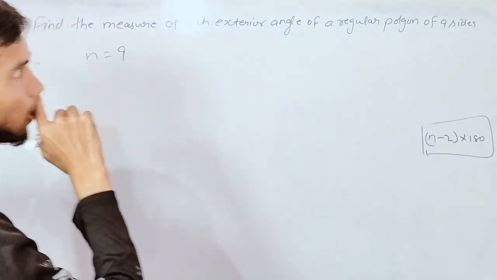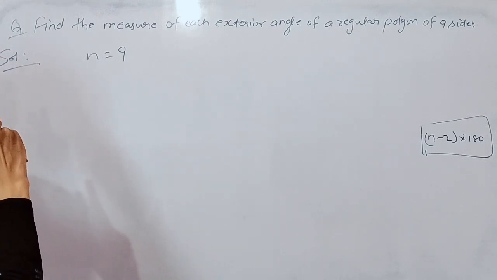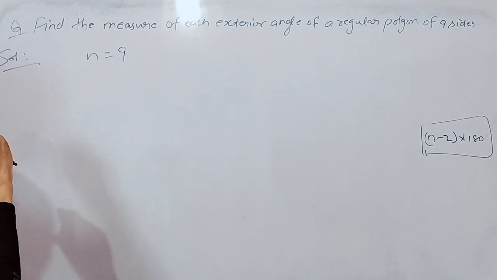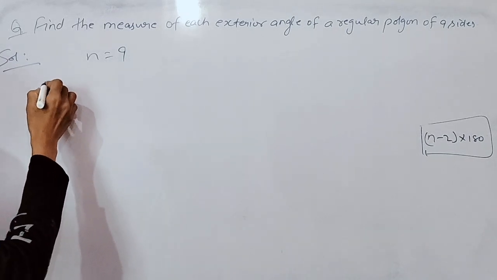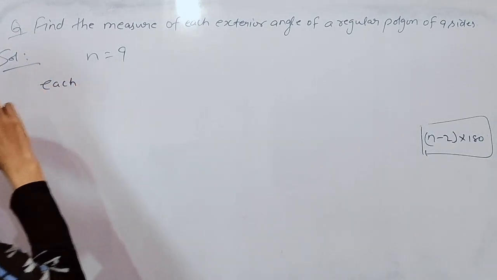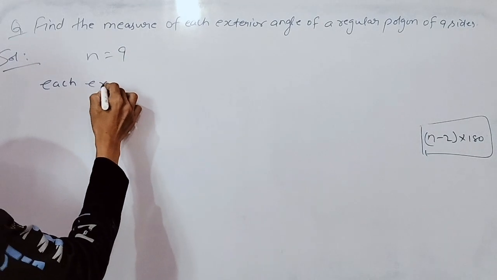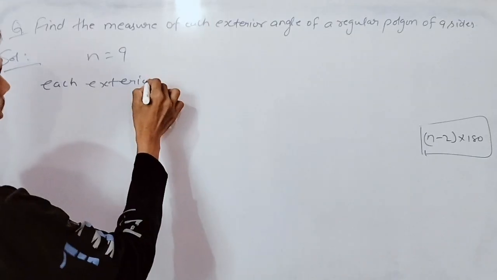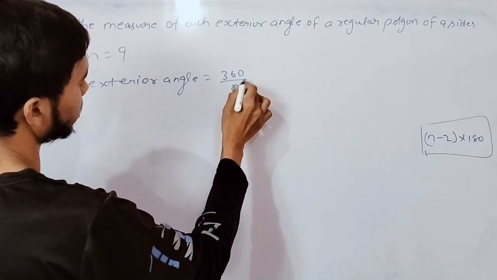To find each exterior angle, it is equal to 360 upon n.